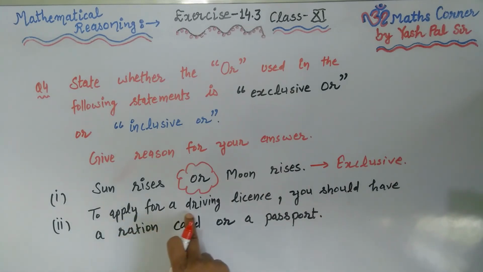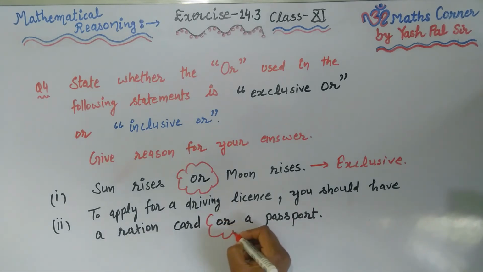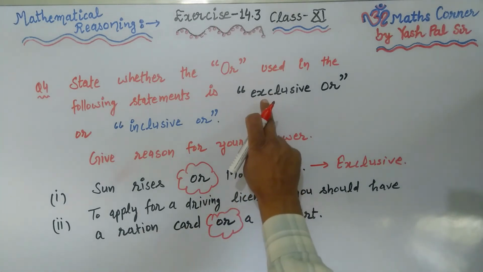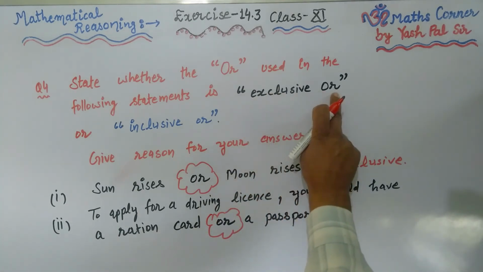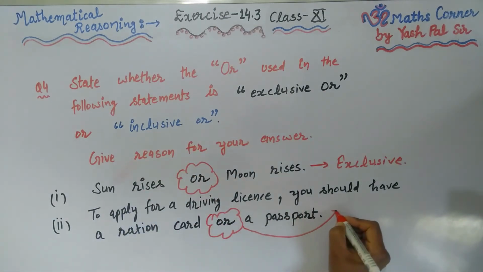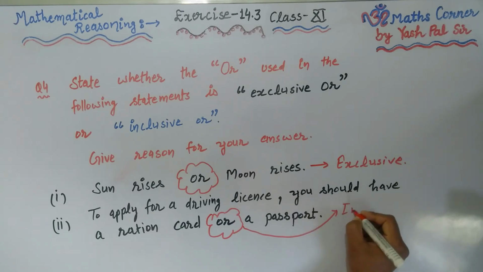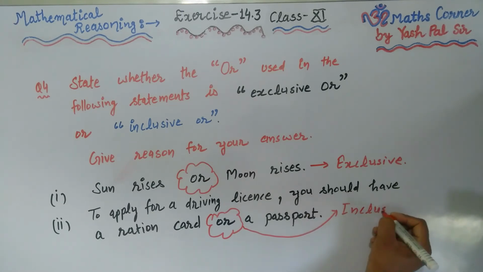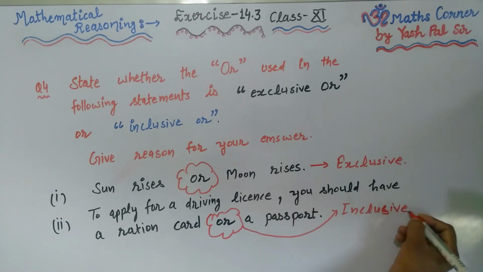To apply for a driving license, you should have a ration card or a passport. So this is the or which is used here. Now is this or exclusive or inclusive? This is inclusive. Why?